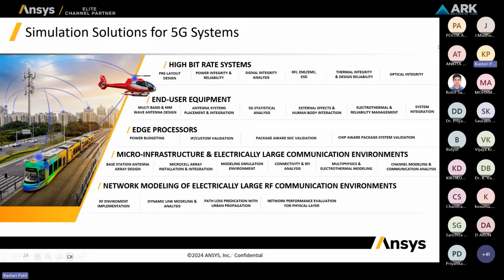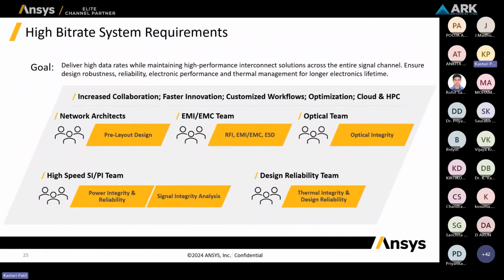So we have high bitrate systems, end user equipment, edge processor, micro infrastructure, and electrically large communication environment, network modeling of electrically large RF communication environment. In telecommunication, bitrate refers to the number of bits transmitted per unit time. In the context of 5G, high bitrate is a key feature that allows data to be transferred faster, and it is also useful to improve network performance.